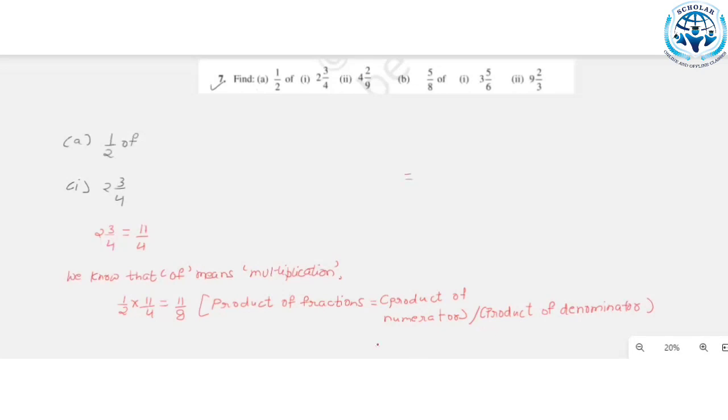In the form of a mixed fraction, 11 by 8 is equal to 1 3 by 8.